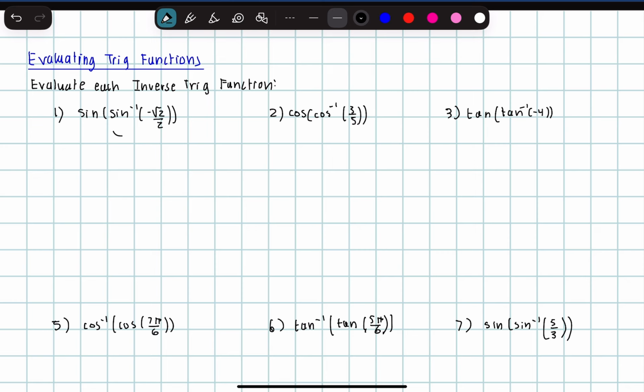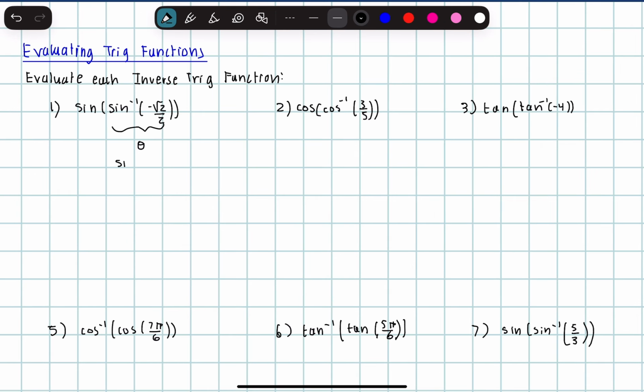Okay, we're first going to let theta equal to sine inverse of negative root 2 over 2. So then we can rewrite this as sine of theta is going to equal negative root 2 over 2.